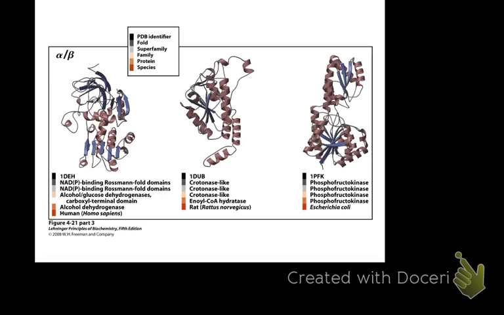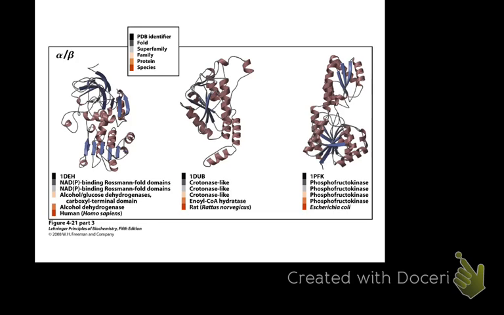And then you can have a mixture. Alcohol dehydrogenase, that's a Rossmann fold. Rossmann fold has a special name. Whenever you see that, it means it's going to bind NAD or NADP. When NAD is reduced, it's NADH. When NADP is reduced, it's NADPH.